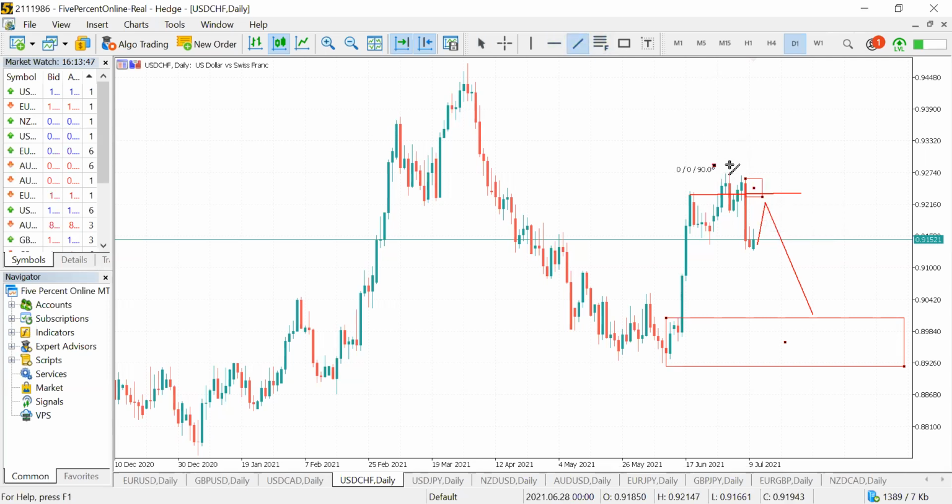Of course, stops need to be above, anticipating the Quasimodo pattern to trigger, and my targets would be down here. At that area, I also want to buy, because that's a very nice demand that I don't want to miss out. So I'll be looking for buying opportunities here.